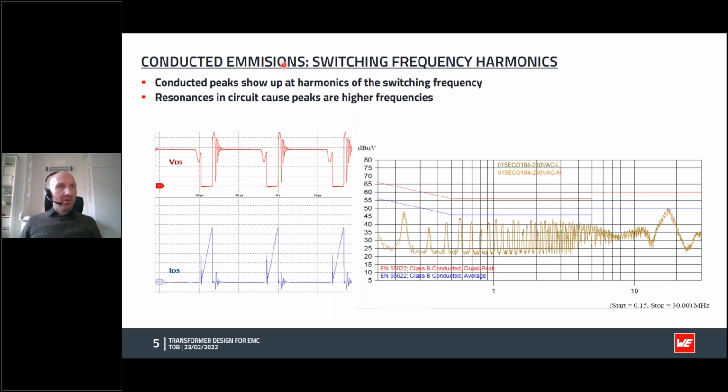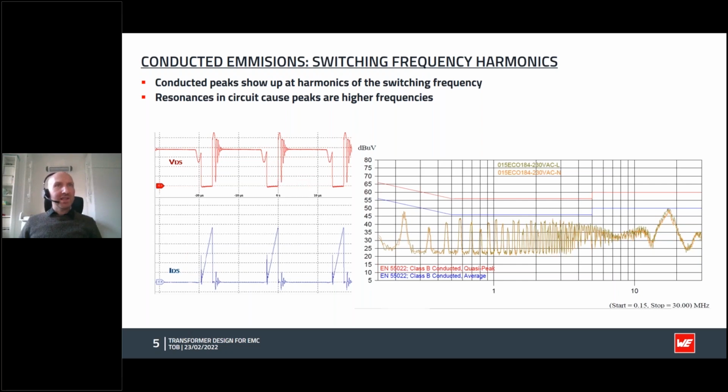Then we can also see, as we turn on the MOSFET, we have a current spike here. If we were to zoom in on that, we'd see ringing on that signal too, and even on turn off we get some ringing here. All these high frequency ringing noises, voltage and current, will cause some EMI noise. And of course, the fundamental itself will cause noise to be generated.